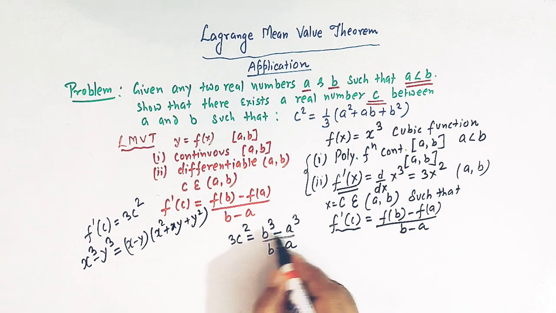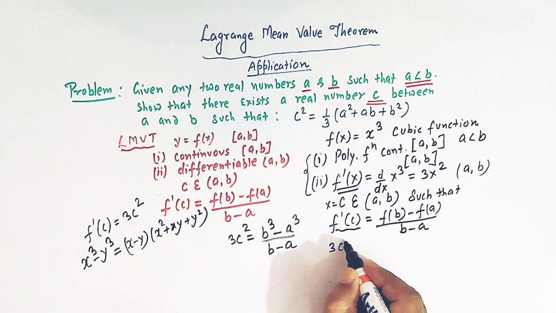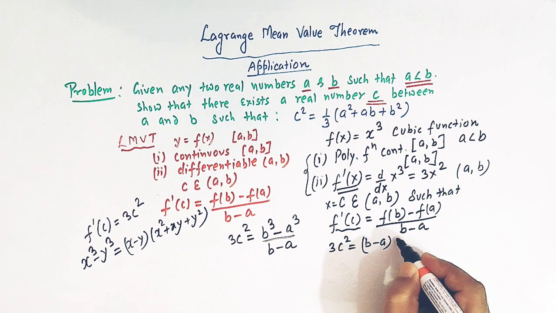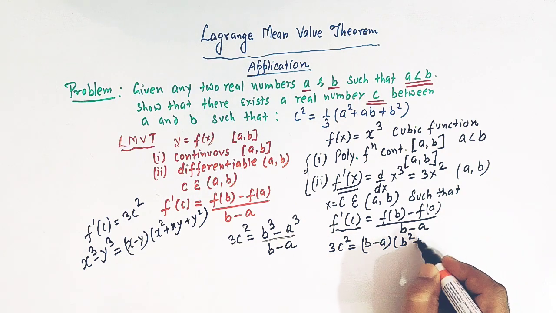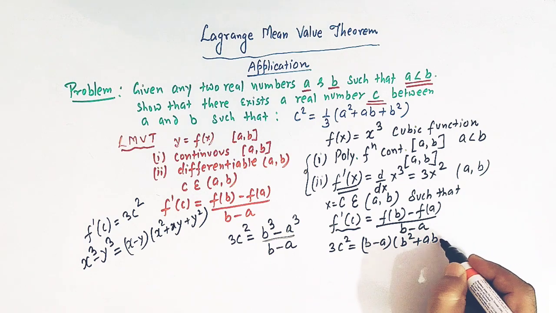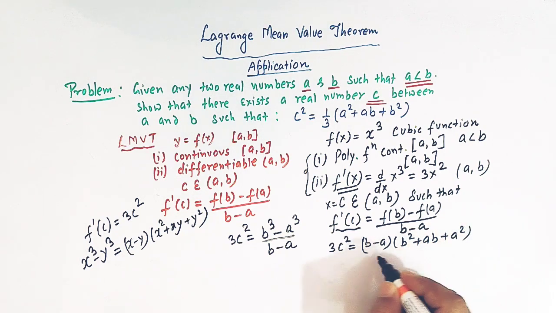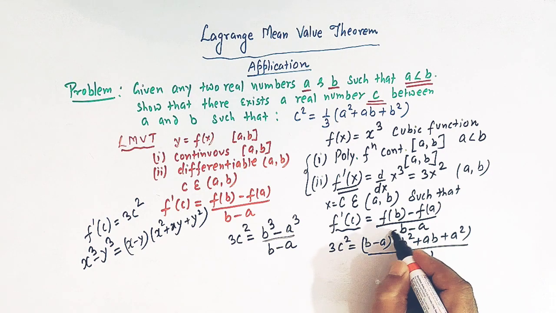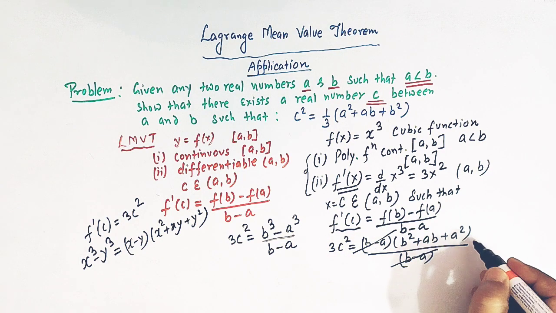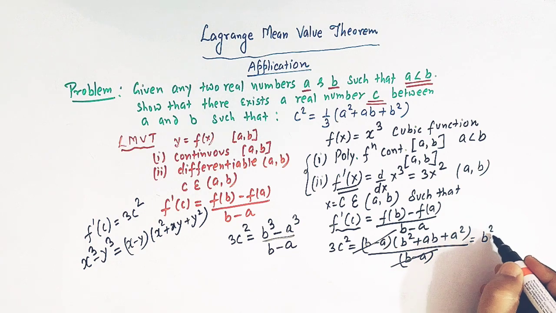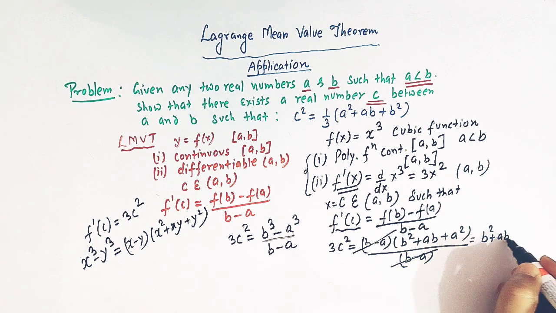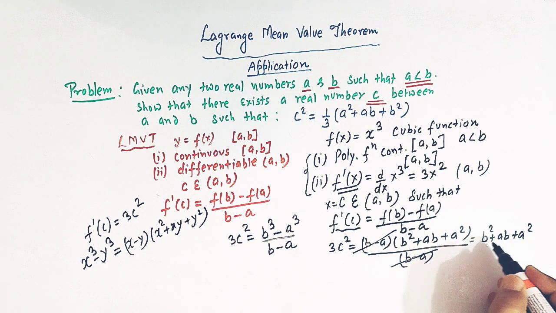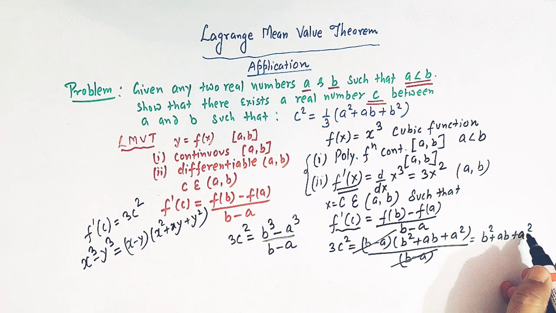So we can write 3c square is equal to b minus a times b square plus ab plus a square, divided by b minus a. This factor gets cancelled, so we are left with simply b square plus ab plus a square. So 3c square is equal to b square plus ab plus a square.